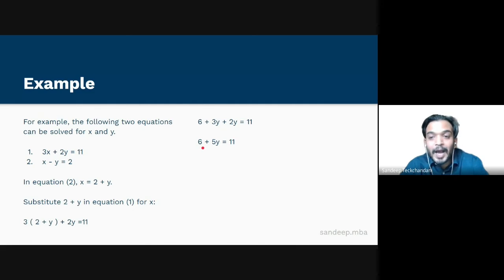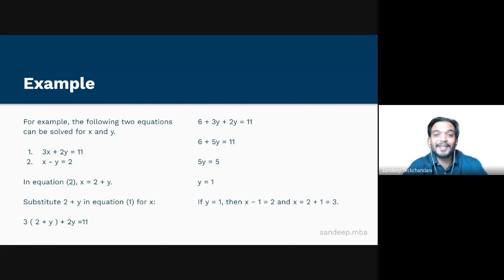After this, I will subtract 6 from both the sides and get my answer as 5y is equal to 5. Then I will divide by 5 and the value of y will be equal to 1. If y is equal to 1, then x minus 1 is equal to 2 and x is equal to 2 plus 1. Therefore, the value of x is equal to 3.